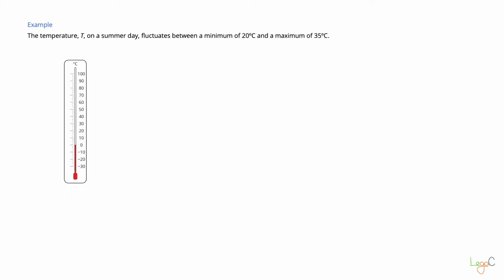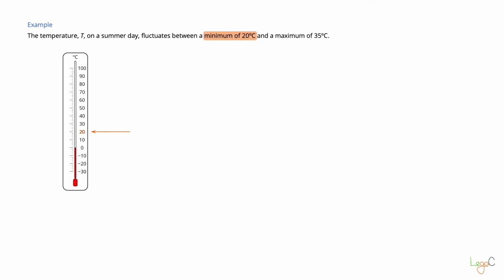Now let's look at some examples. The temperature T on a summer day fluctuates between a minimum of 20 degrees Celsius and a maximum of 35 degrees Celsius.